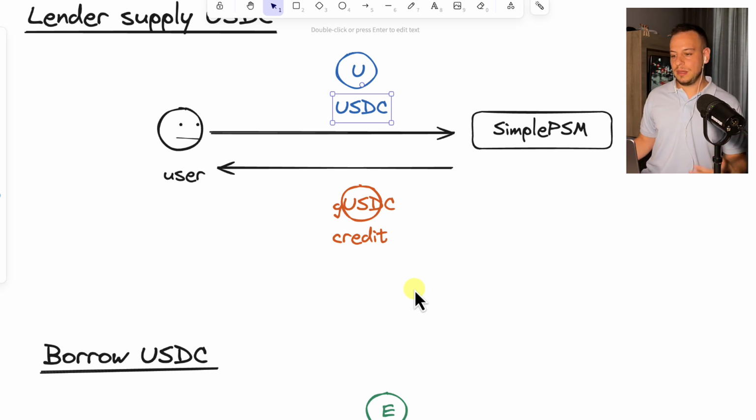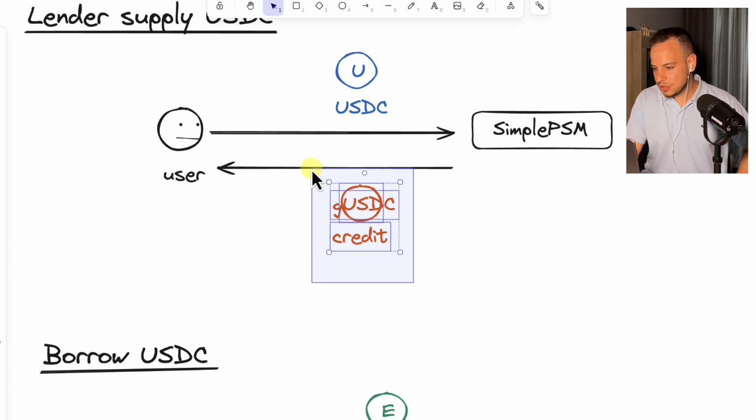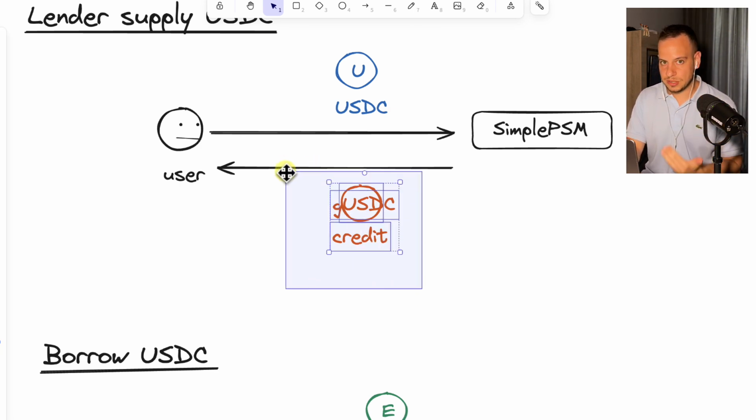Rebasing means that if you hold 100 GUSDC tokens and these GUSDC tokens are staked or lent somewhere, the more time passes, you will get your 5% APR or APY, your interest or your staking yield, in the form of more GUSDC tokens. The GUSDC token value will not go up in price, but you will get more GUSDC tokens. Your balance will increase over time.